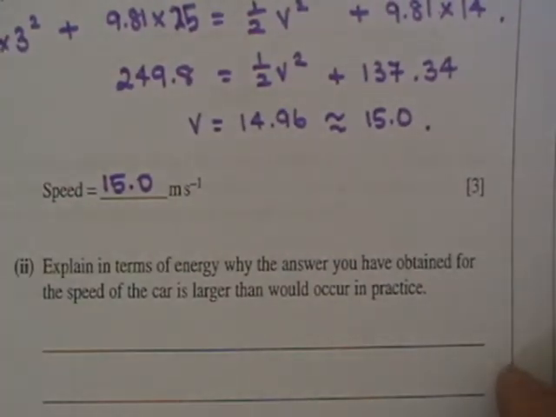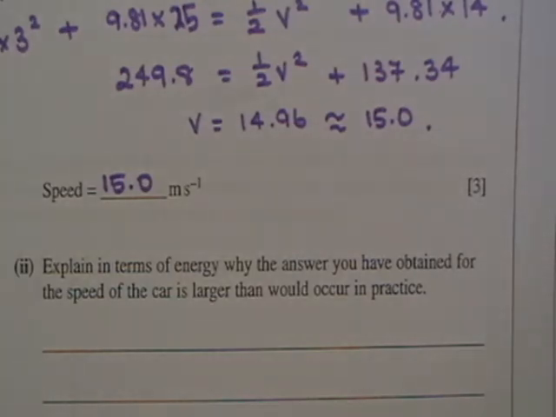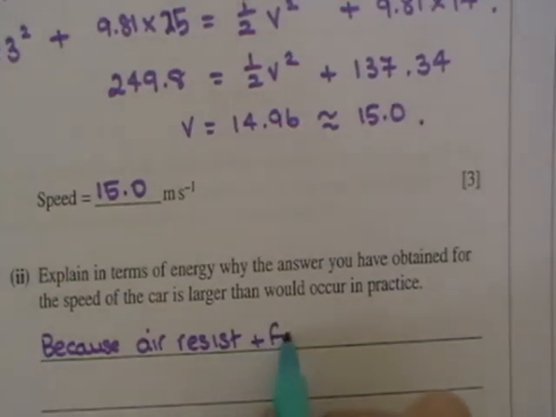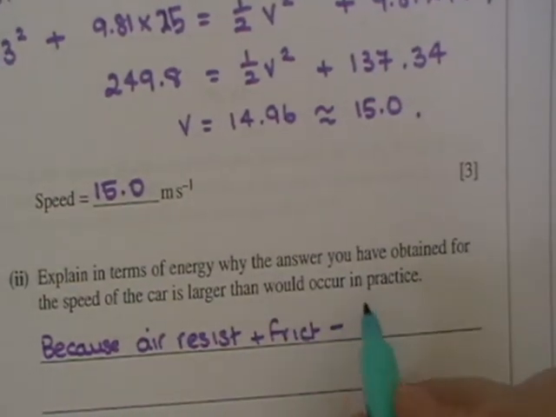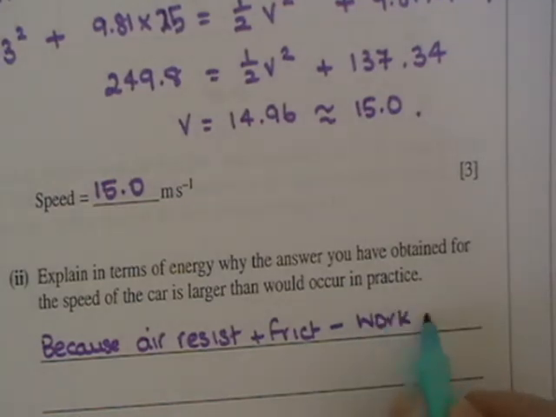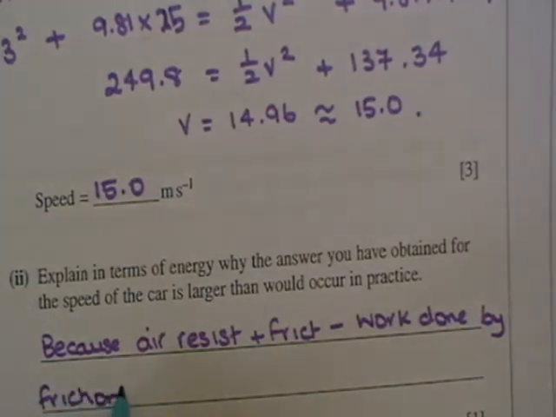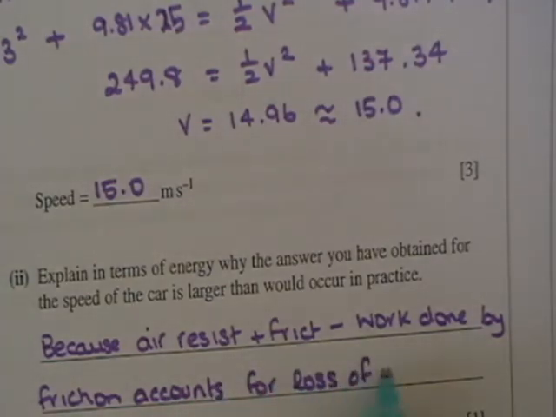Explain in terms of energy why the answer you have obtained for the speed of the car is larger than would occur in practice. And there's 1 mark. So, because of air resistance and friction, work done by friction accounts for loss of GPE.